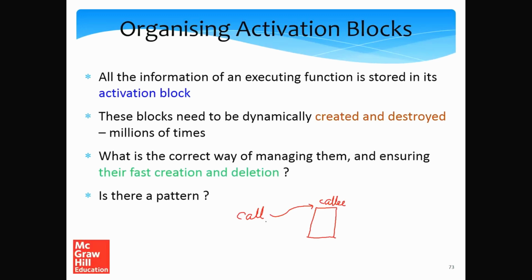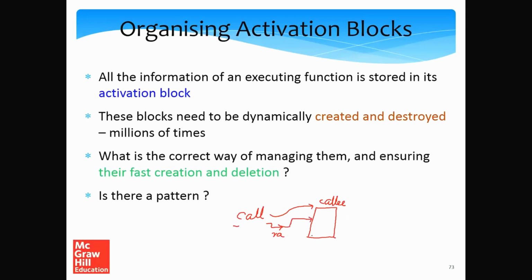Additionally, it saves the address of the next instruction as a return address. This can be saved in many places. Let's not talk about where exactly it is saved, but let's just refer to this piece of information as a return address. And this can optionally be saved in the activation block of the callee. Subsequently, the callee does its job.